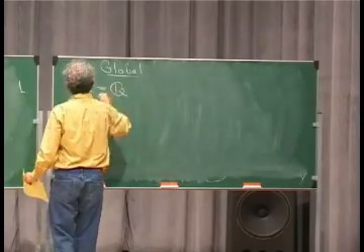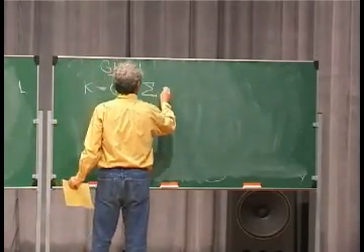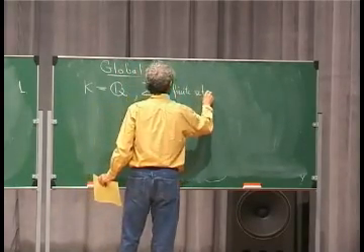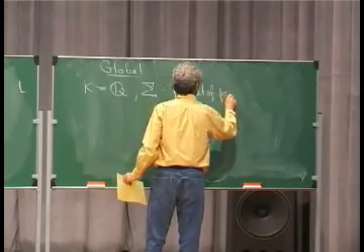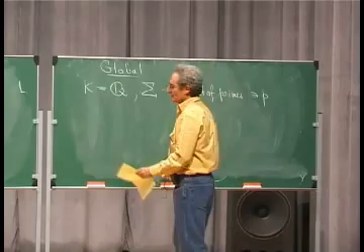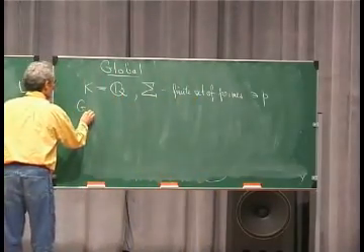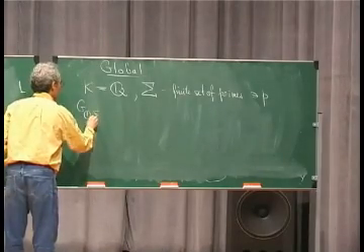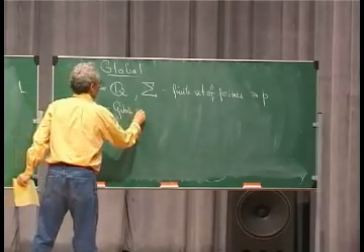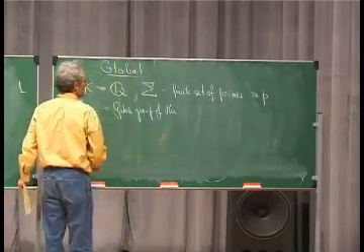In fact, I'm going to take K to be Q. I'll let sigma be a finite set of primes containing the prime P. Generally, I'll denote by GQ sigma the Galois group of the maximal extension of Q unramified outside sigma.